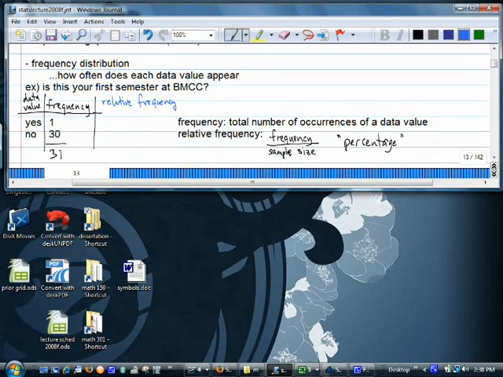What's the relative frequency for no? And if you were to add all those up, what would you get? 31 out of 31, also known as 1.